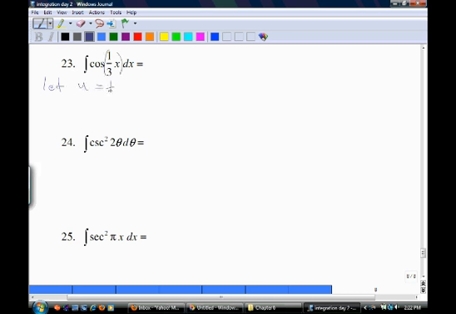Keep in mind that this here will reciprocate, so it becomes 3 times the integral of cos u du, which is equal to 3 times sine, since the integral of cos is sine. U was 1/3 x. Sorry, not du. Du is gone. Every time we take the integral, du is gone. Plus c.